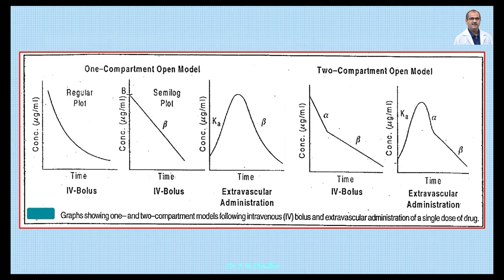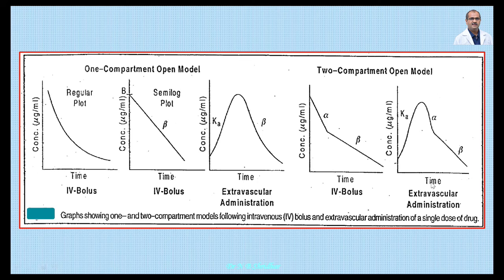This is also an example of the two compartment open model. This is the distribution phase, and beta is the elimination phase. Whereas in the case of one compartment, there are no such phases. It is assumed that the drug is directly eliminated without biotransformation and other processes. In the two compartment model, there is an initial distribution phase, then an elimination phase.